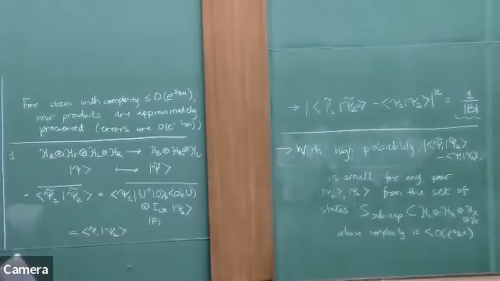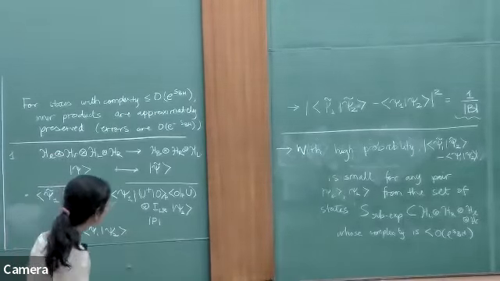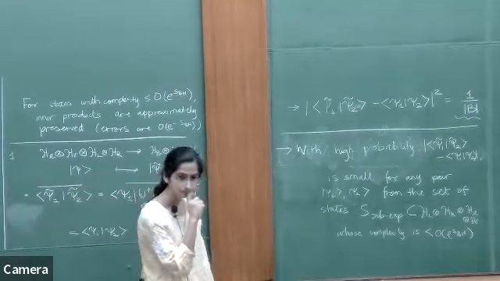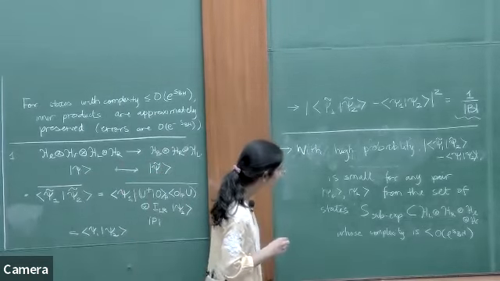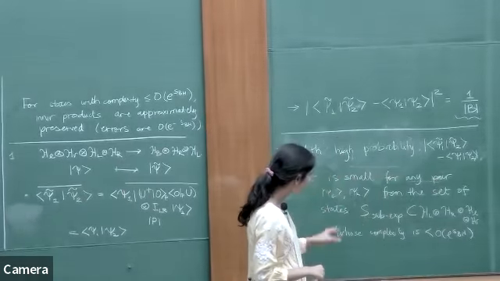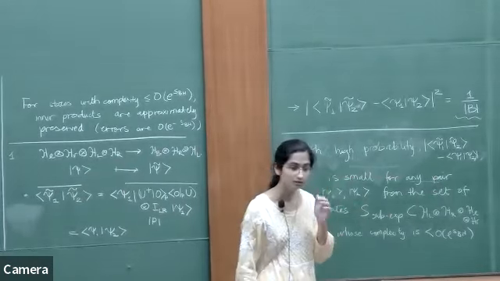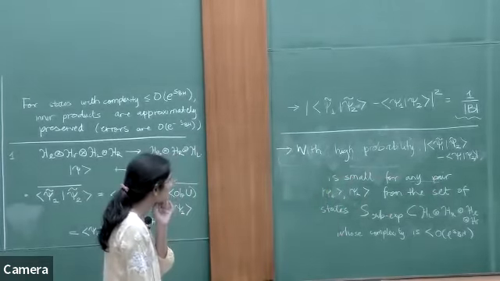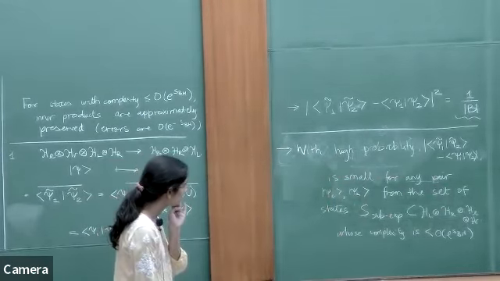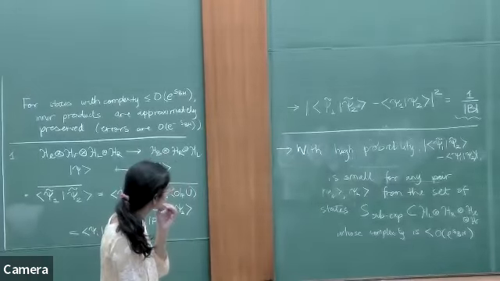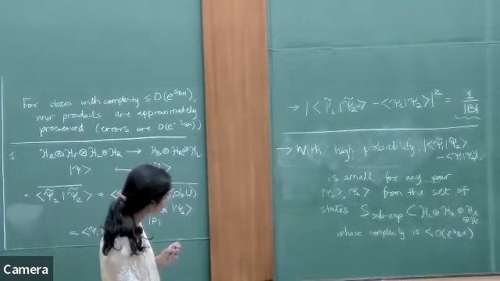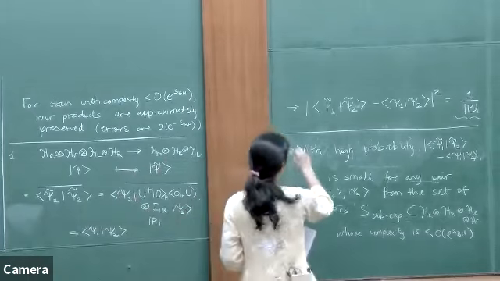So now what are we doing here? Here you're saying there are special states, for any pair from some set. What's so special?